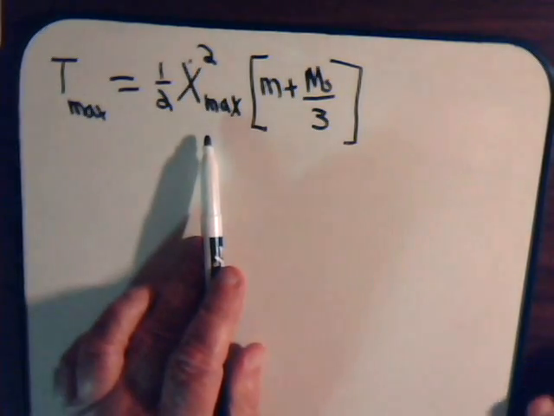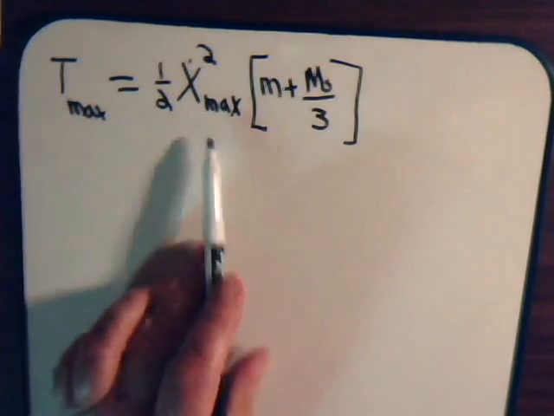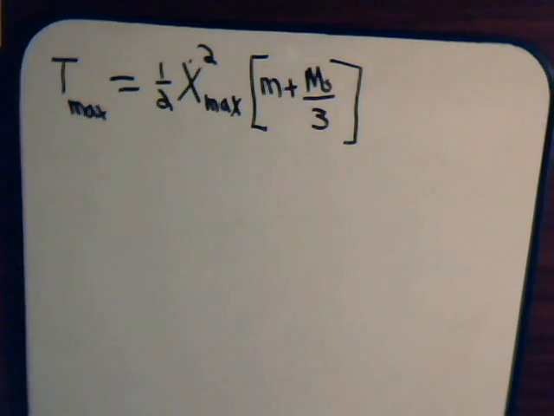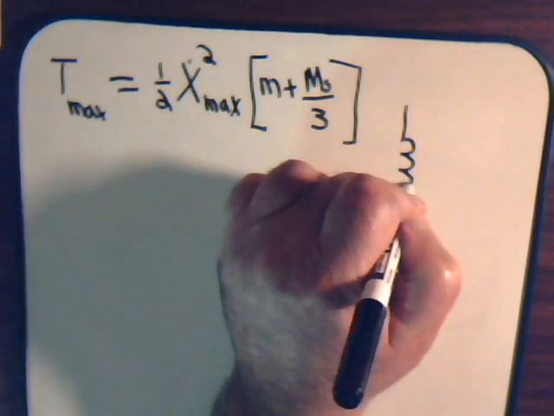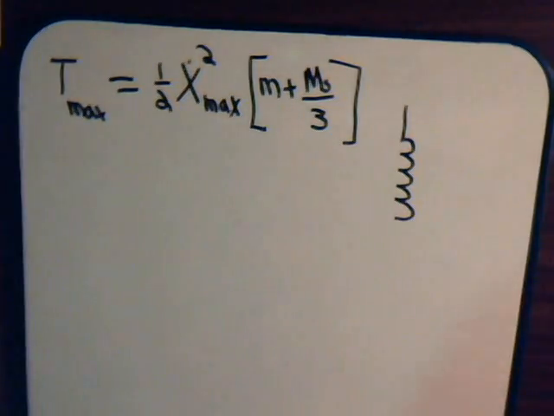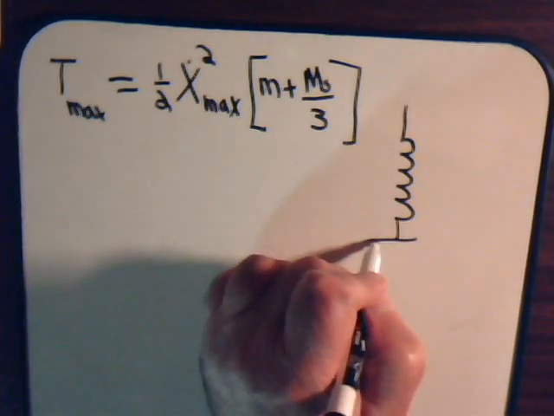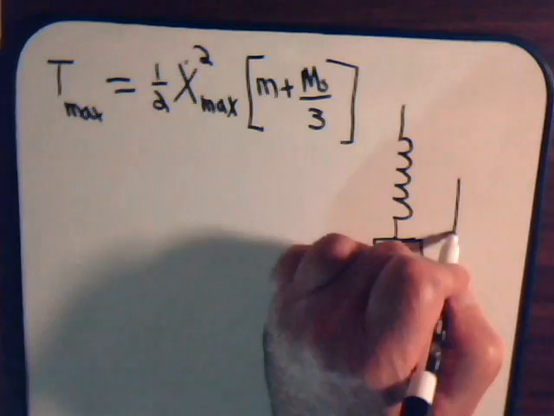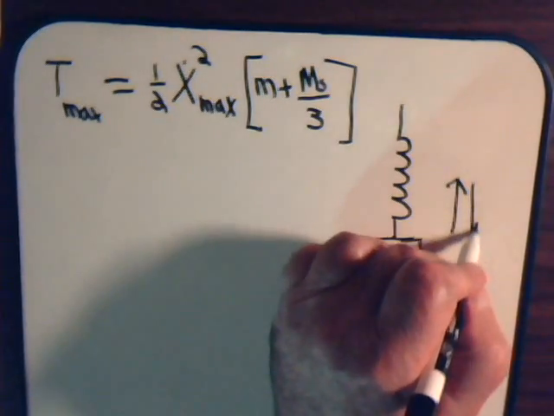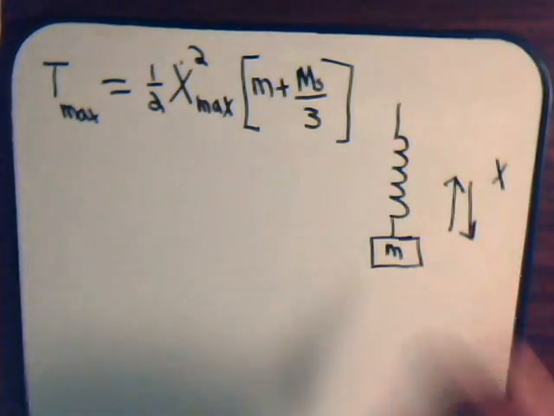Now, can we get an expression for this? Here we have it where our system is like this. Here's the block of mass m, and it's going up and down in the x direction.